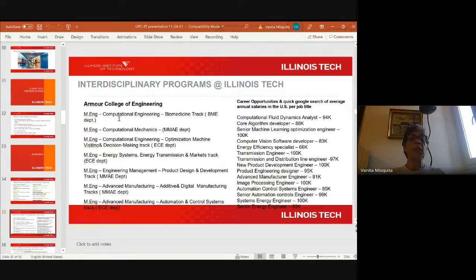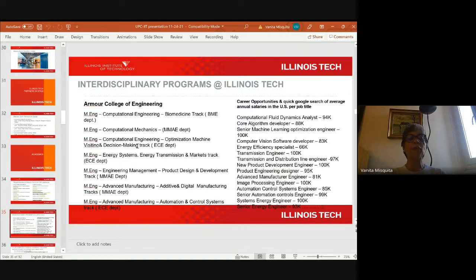So for example, if you're interested in the MEng in computational engineering, it has many tracks. So if you're interested in the biomedicine track, that will be managed by the Biomedical Engineering Department, BME. If you're interested in the computational mechanics track, that's managed by the Department of Mechanical, Materials and Aerospace Engineering.